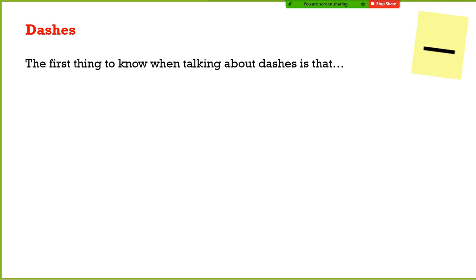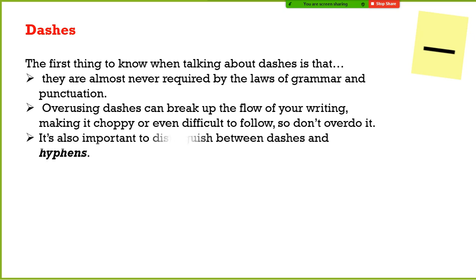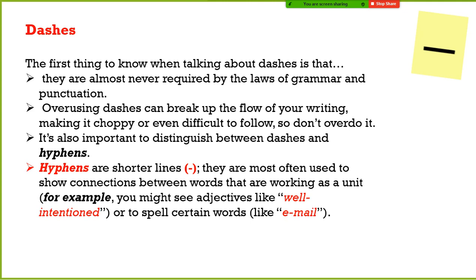You know the dash is just this short line. But before you know what the dash is, you have to differentiate between the dash and something called the hyphen. Do you know what the hyphen is? Have you met the hyphen? It's like a dash, but it's shorter. That's right, a shorter line than the dash. But we use it in a different way.